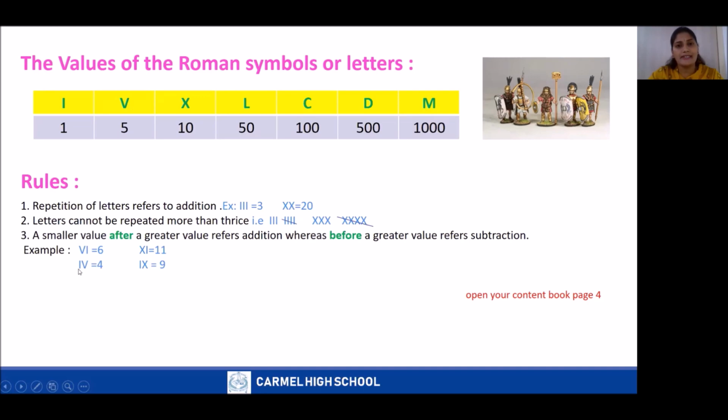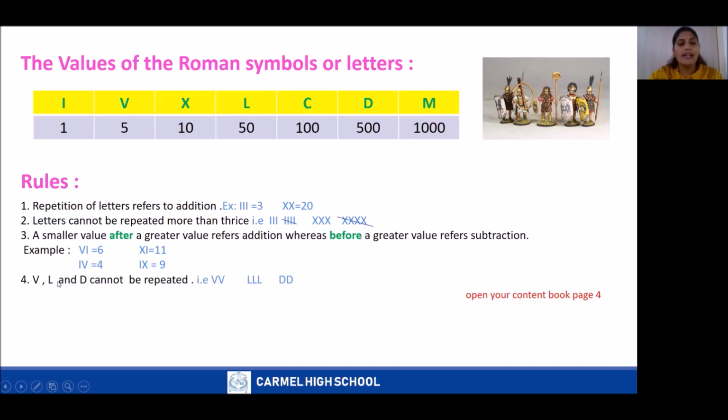We need to subtract. 5 minus 1 is equal to 4. Can you observe? Right. And here, X minus I, that is 10 minus 1, is equal to 9. Is it clear?